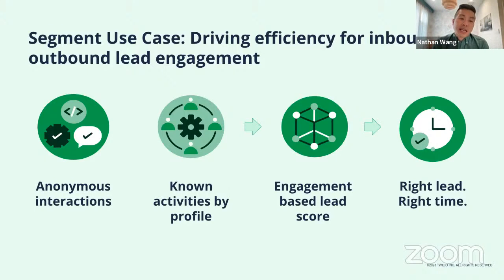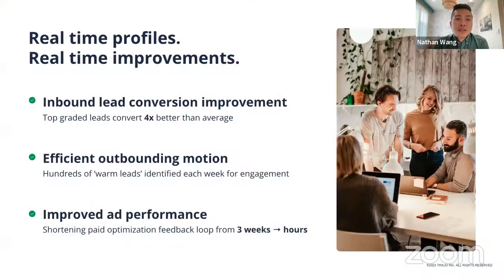Now, the exciting thing about these engagement-based lead scoring models is that we were able to empower our sales representatives to engage with the right leads at the right time. So here are some great business outcomes that we were able to help achieve. First, inbound lead conversion improvement. On a busy day, an inbound sales rep could receive up to 10 requests, if not more.